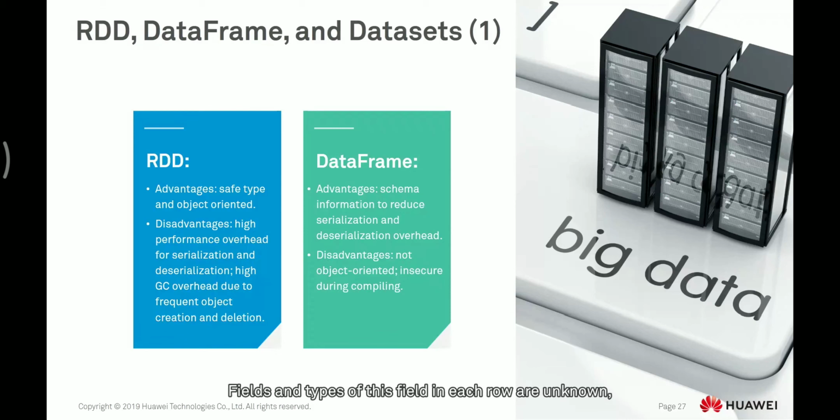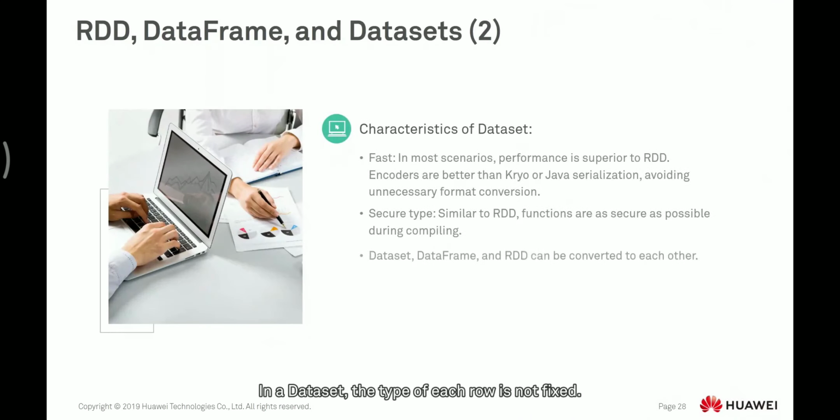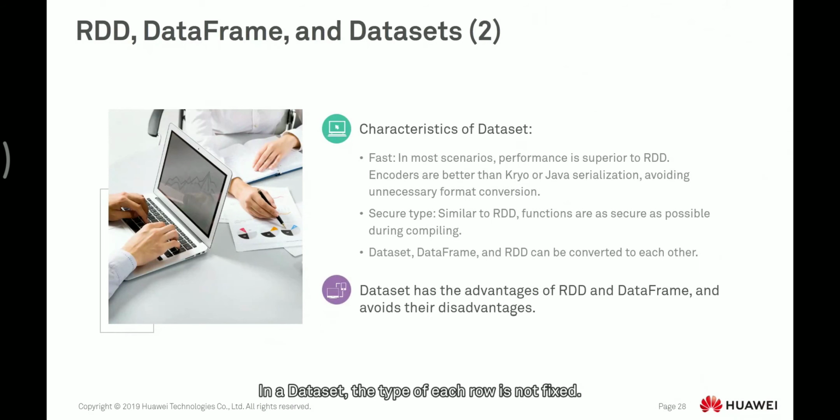Fields and types of these fields in each row are unknown. You can only use getAs or pattern matching in the command to obtain a specific field. In a dataset, the type of each row is fixed. After defining the case class, you can obtain the information in each row. Information in columns of a data frame is clear, but that in rows is unclear.